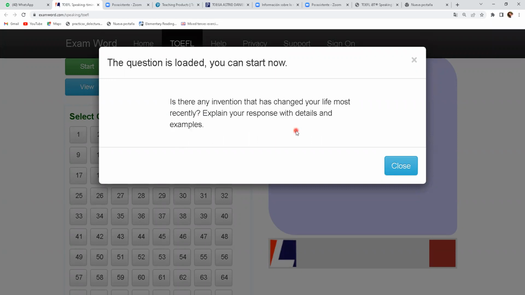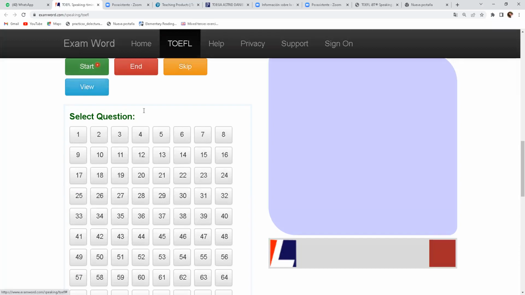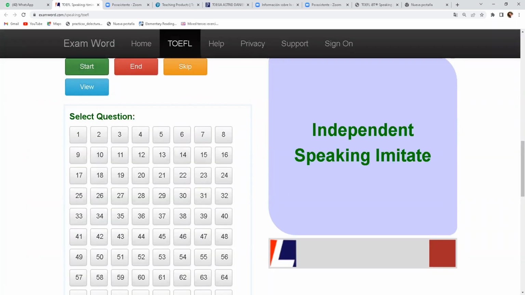Explain your response with details and examples. For each question, you have 15 seconds to prepare your answer and 45 seconds to give your answer. For the independent speaking question, you have 15 seconds to prepare and 45 seconds to answer.